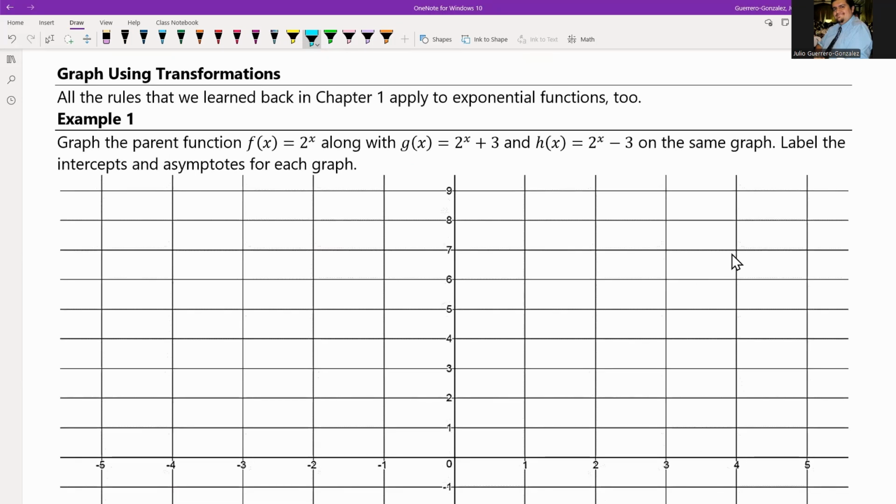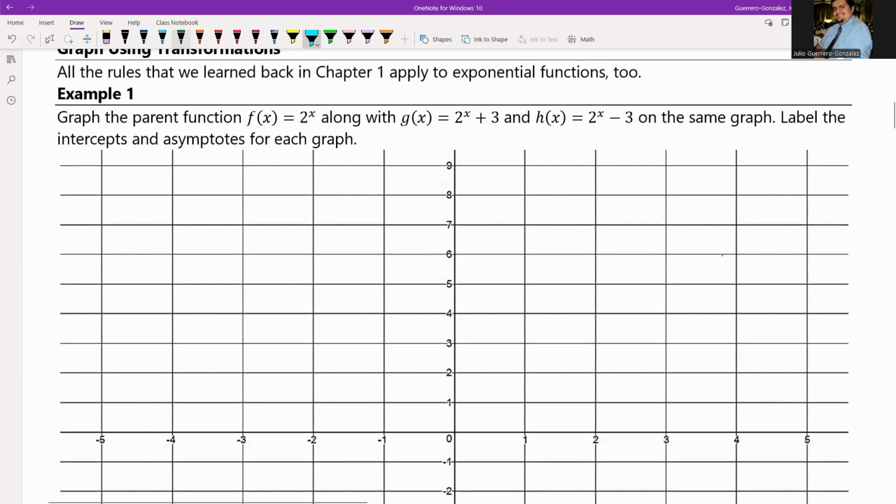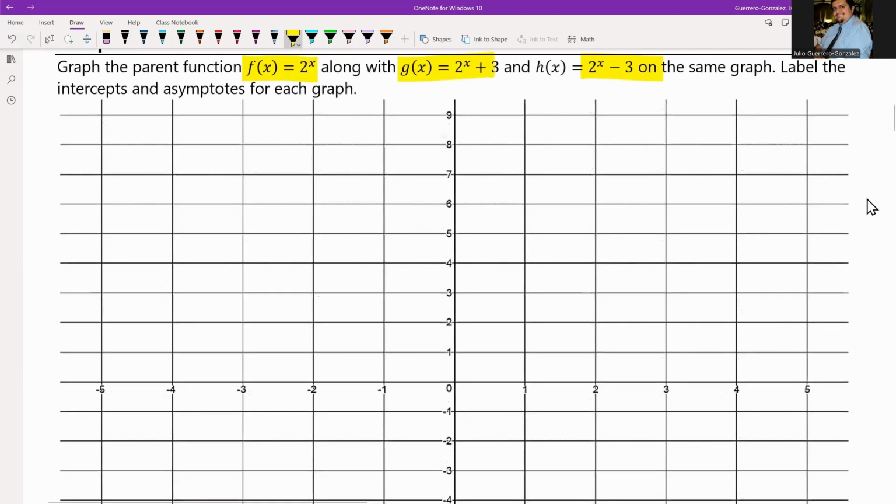So the first thing I'm going to do for this example is graph three graphs. The base one is 2 to the x. So if you recall, it's going to look something like this. That's going to be the first point. This is going to be the second. This is going to be the third.